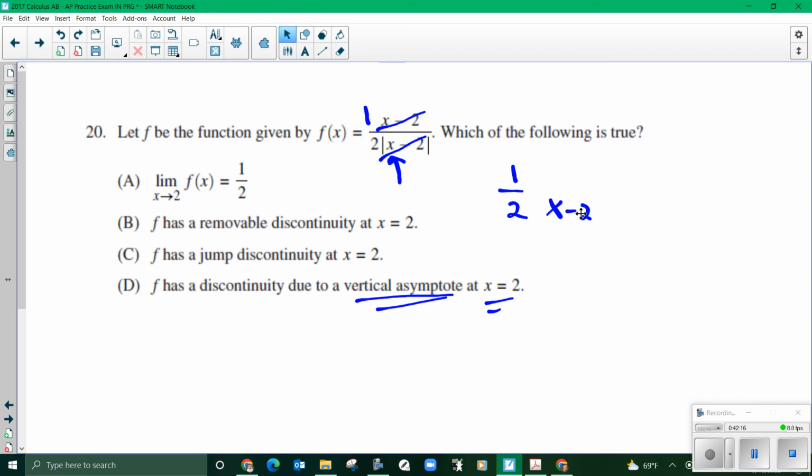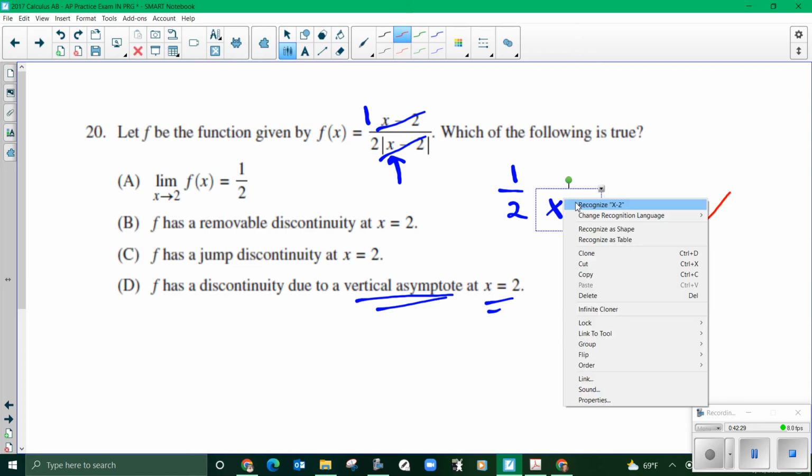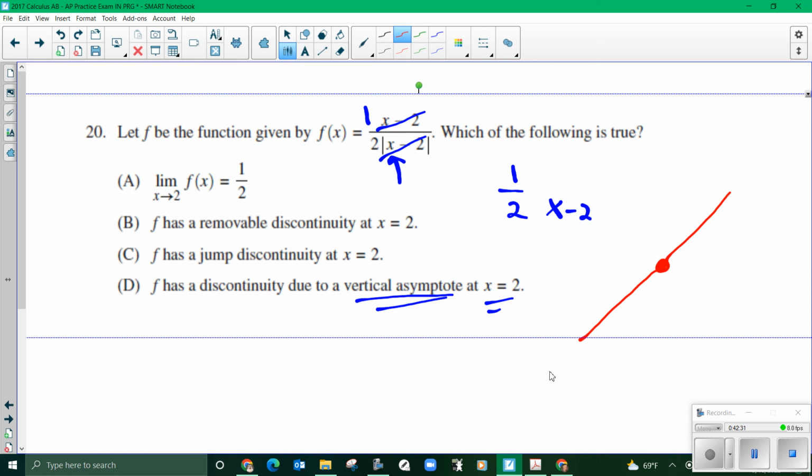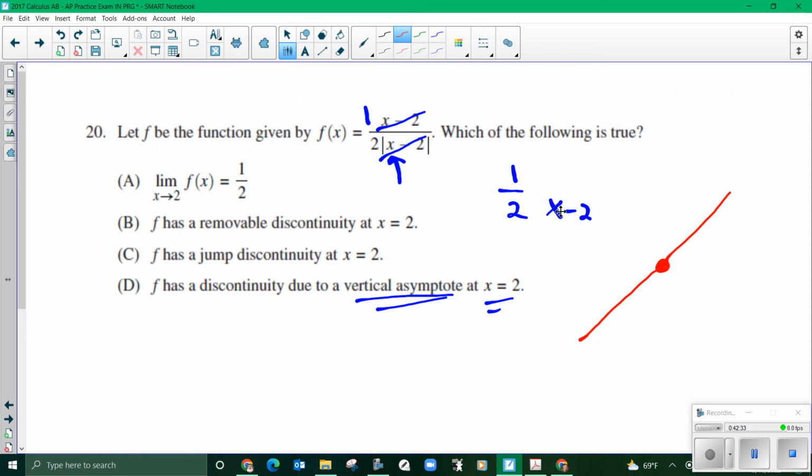So think about it this way. If I have a line, okay, and I fill this in, this is my coordinate right here, all right? There would be a vertical asymptote with x minus 2 in the bottom. But if I remove this, where would have been a vertical asymptote is removed, and it's a hole.